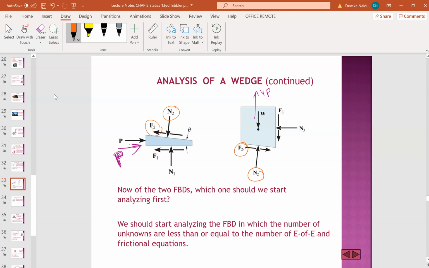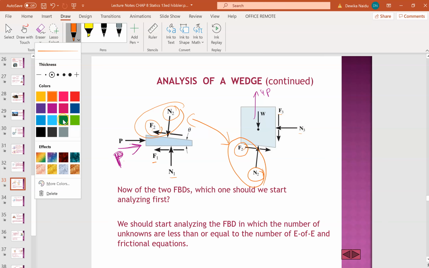That's why it's labeled the same. F1, N1 is different from F2, N2. F3, N3 is also different because they are different surfaces. Only these two are partners, but they are on opposite sides. Now if you look at this box again, observe this box again.